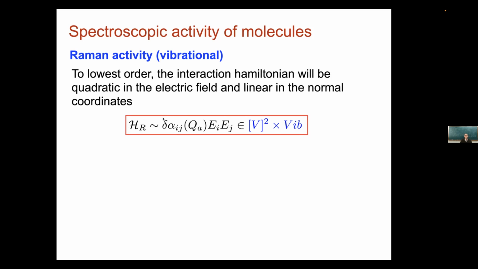Now, why is this useful? This is useful because if I consider an energy, which is a scalar, this thing that I construct, which is linear in the Qs and quadratic in the electric field, has to be an invariant. You see, this is an invariant which is no longer bilinear, it's trilinear.